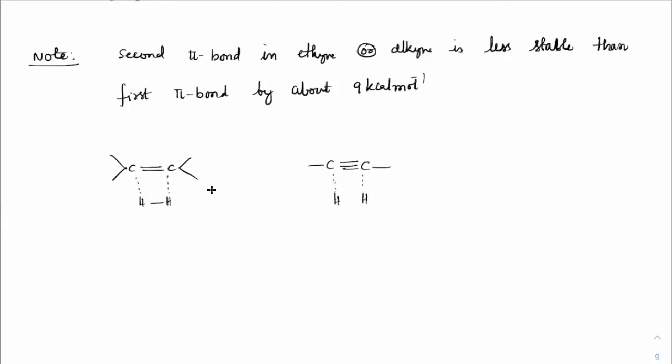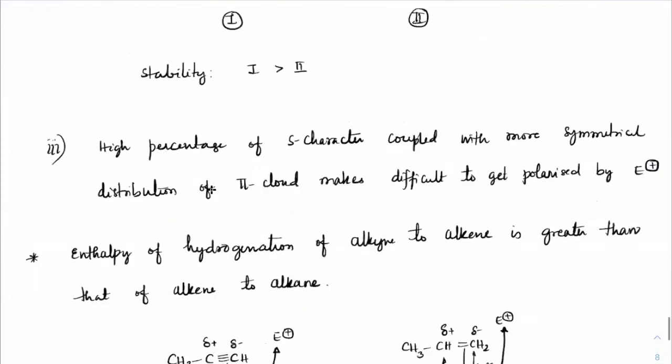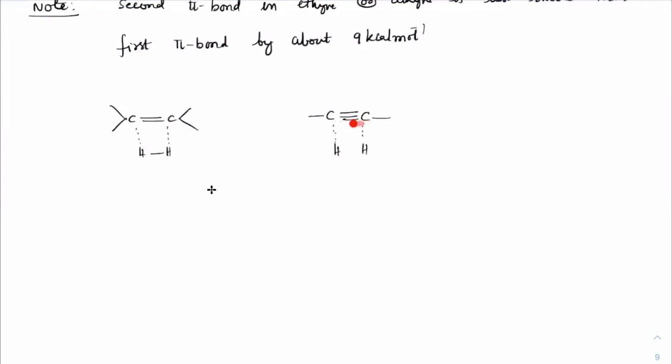More is the rate. Now if you see a double bond trying to convert into a single bond, the double bond has more stability, because the energy difference between these two is 63, which means this is more stable. But here the energy difference is only 54, which means this triple bond is less stable. So a triple bond converting into a double bond is rather easier compared to a double bond converting into a single bond.